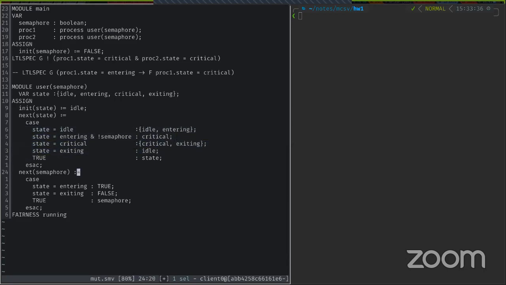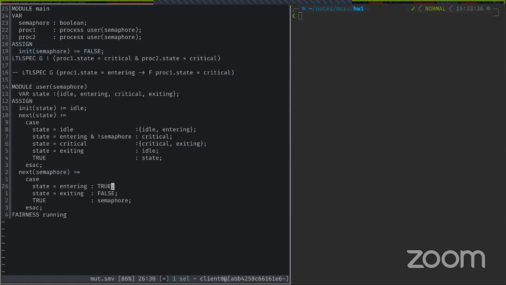And for the semaphore, we also have to make sure that the semaphore is updated. The semaphore is initially set in main as false to indicate that no process is trying to enter the critical state.